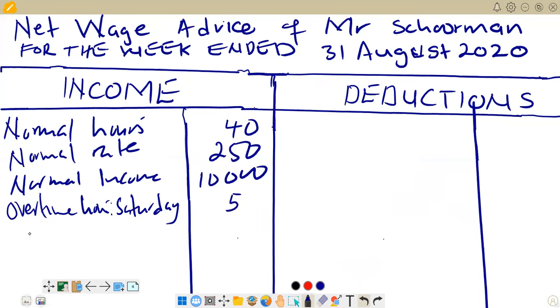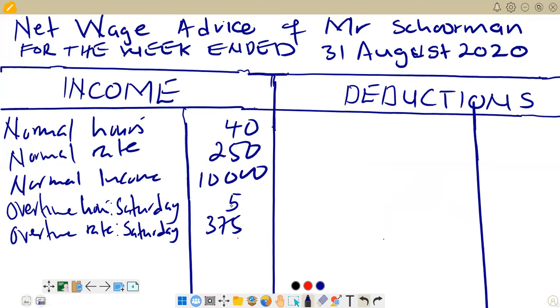Then also we have the overtime rates, and this is Saturday. Sorry, let's correct that. Yes, we are still on Saturday. The rate we calculated there was 250 times 1.5, and we got 375.